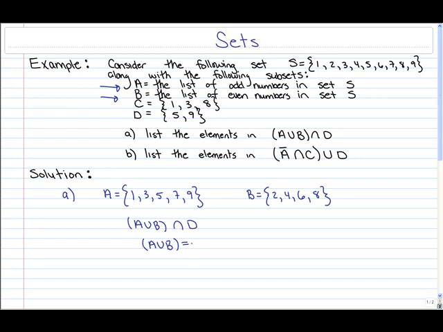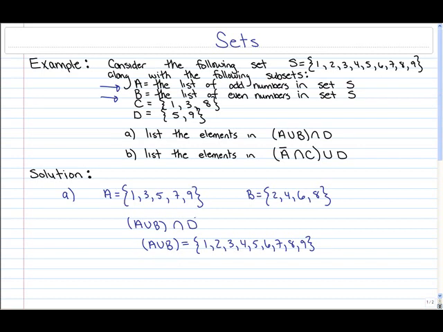Now A or B just means, again, all elements in either A or B. So that would be actually all the numbers there in A, B. So we would have the set 1, 2, 3, 4, 5, 6, 7, 8, and 9. Now that's the set A union B.